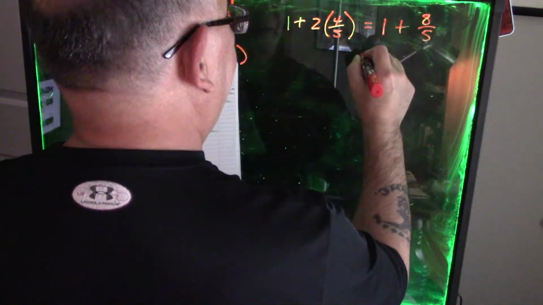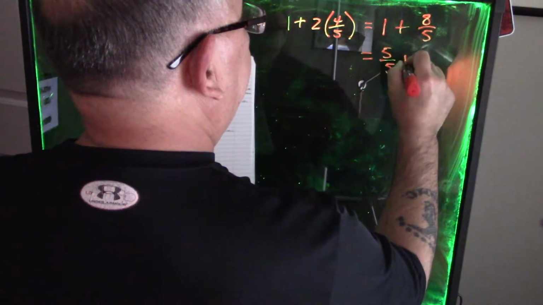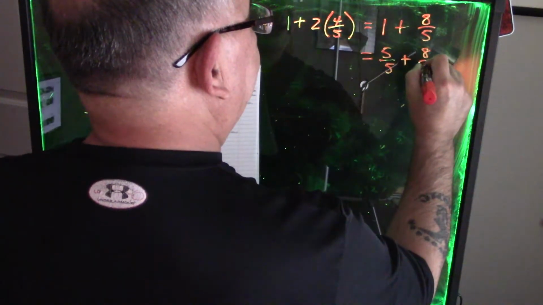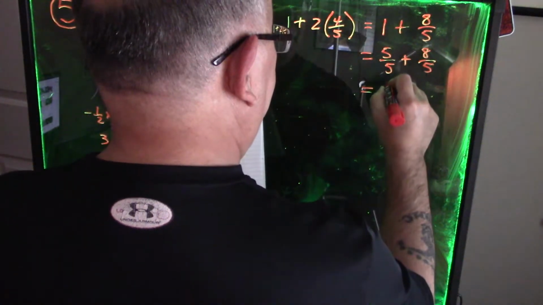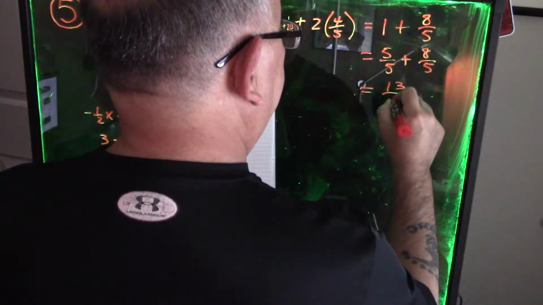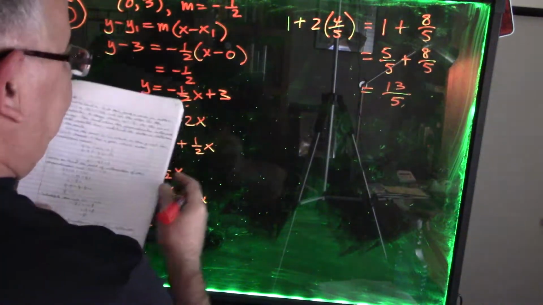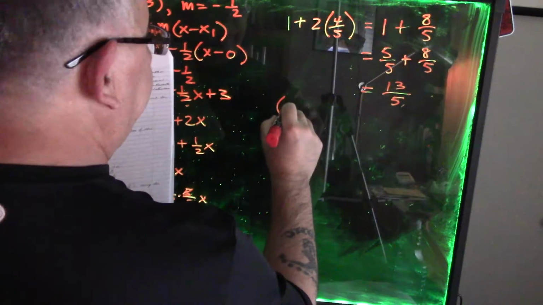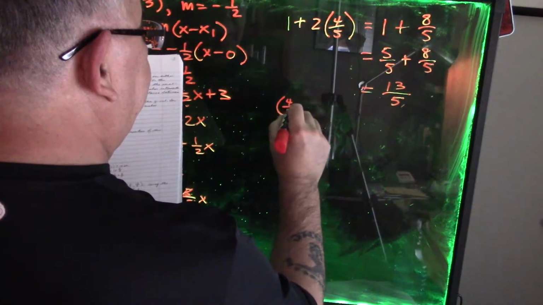And 1 equals 5/5. 5/5 plus 8/5, 8 and 5 are 13, so that's 13/5. Alright, so that means the point of intersection is 4/5, 13/5.